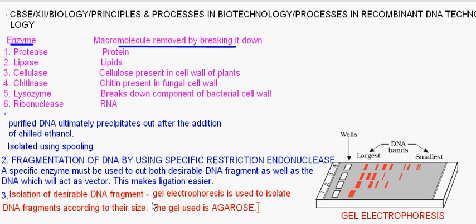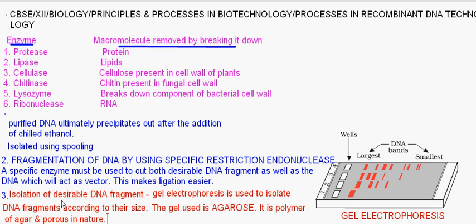It is porous in nature. Agarose is used in gel electrophoresis because it has pores, and when electricity is passed, DNA gets separated as it can travel through the pores. Agarose is used due to its porosity.